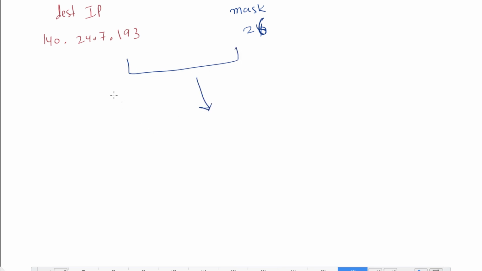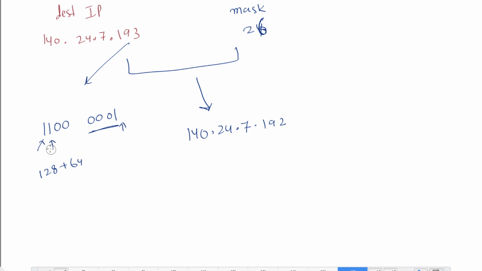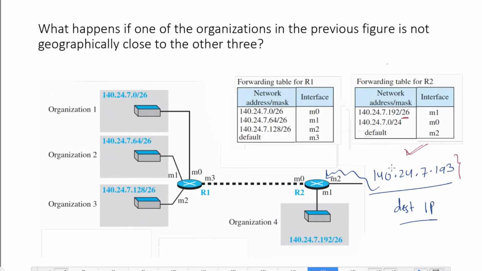If I apply a mask of 26, which means the initial 26 bits are fixed, then everything else is 0 for the network ID. So it will be 140.24.7.192. Why? Because 193 is just 1100 and then 0001. This is 192 plus 1, and 192 itself is 128 plus 64. This is how we are getting 193. Now if you apply this, you get this as a network ID, and since this network ID is matching with this network ID, it should ideally forward to this organization or this interface, right?